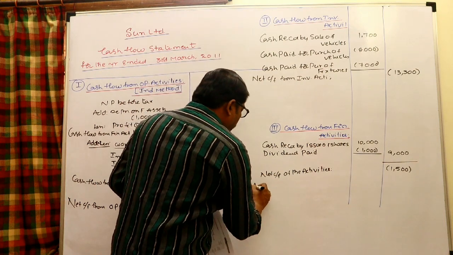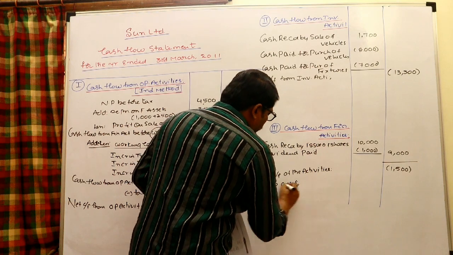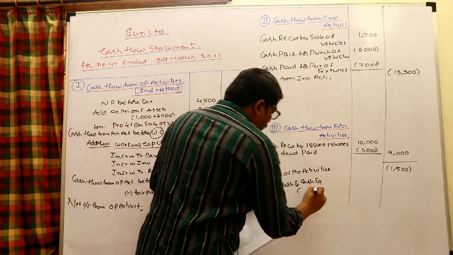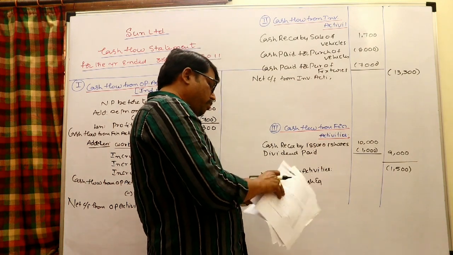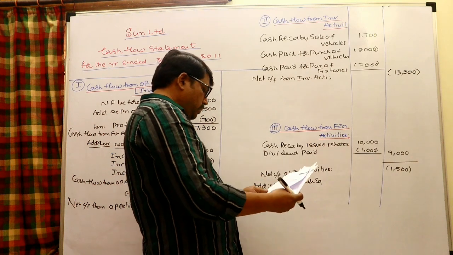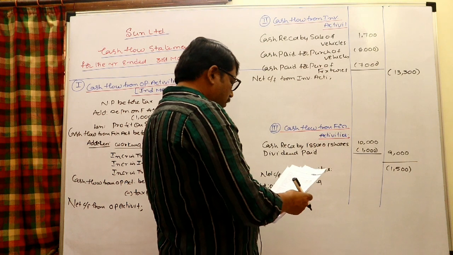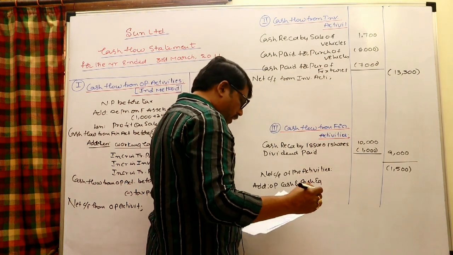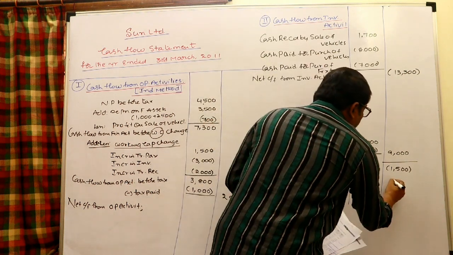For that, add opening cash and cash equivalents. Write within brackets what the opening cash and cash equivalents are: opening cash 8,500, opening cash equivalent 1,000, total 9,500.